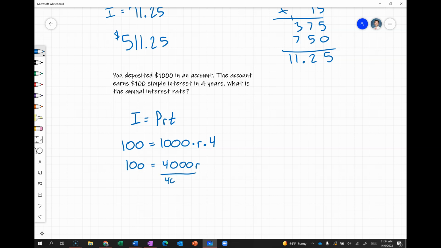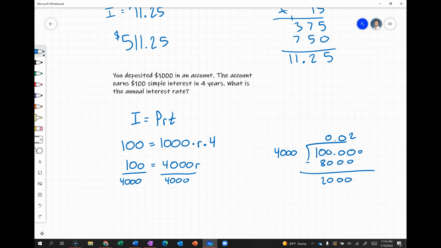So we solve for R to find the rate. We divide by 4,000. So 100 divided by 4,000. 4,000 goes into 10,000 2 times. That would be 8,000.